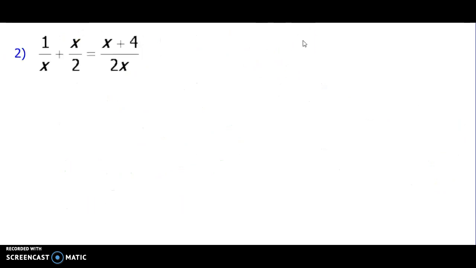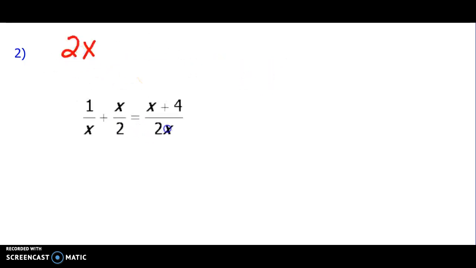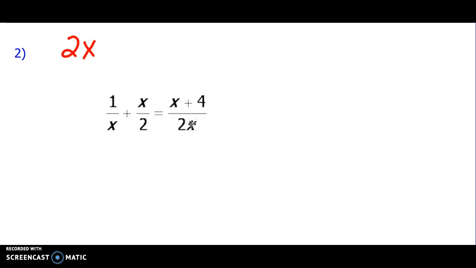Okay, in example number 2, our least common denominator is 2x. So we would multiply both sides of the equation, or every term actually, by 2x. So this gets multiplied by 2x, this gets multiplied by 2x, and this gets multiplied by 2x.